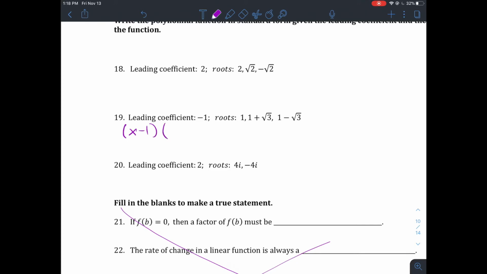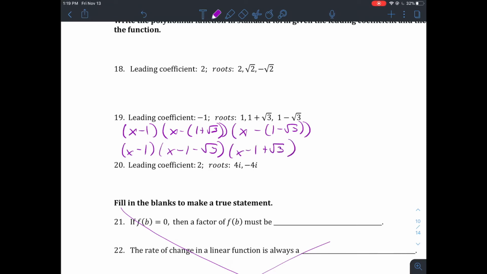We would have x minus 1 plus root 3, and then x minus 1 minus root 3, right? And then if we rewrote that with the distribution, we get x minus 1 minus root 3 and x minus 1 plus root 3. Now this is the factored form, right? Oh, and they also told us that the leading coefficient is -1, so we should slap that on there.